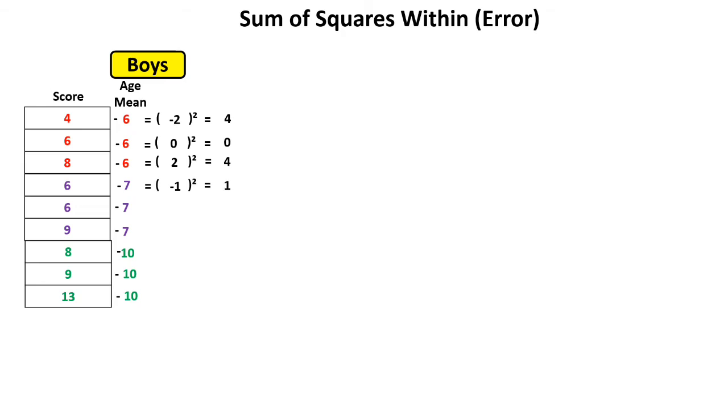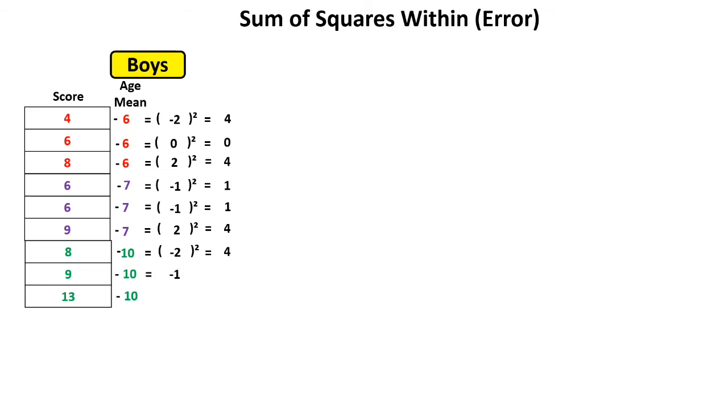Square, it's 1. Next is the same, so we just copy. 9 minus 7 equals 2. Square, and it's 4. 8 minus 10 is negative 2. So, negative 2 times negative 2 is 4.